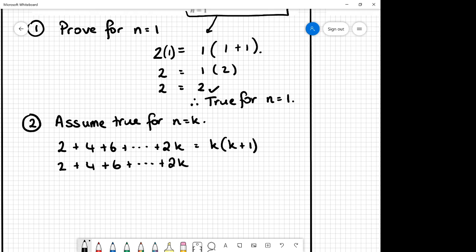So all of the even numbers from 2 up to 2k is the same as adding together k squared plus k. We're not going to do anything more than that. We're just going to assume that that is the case.